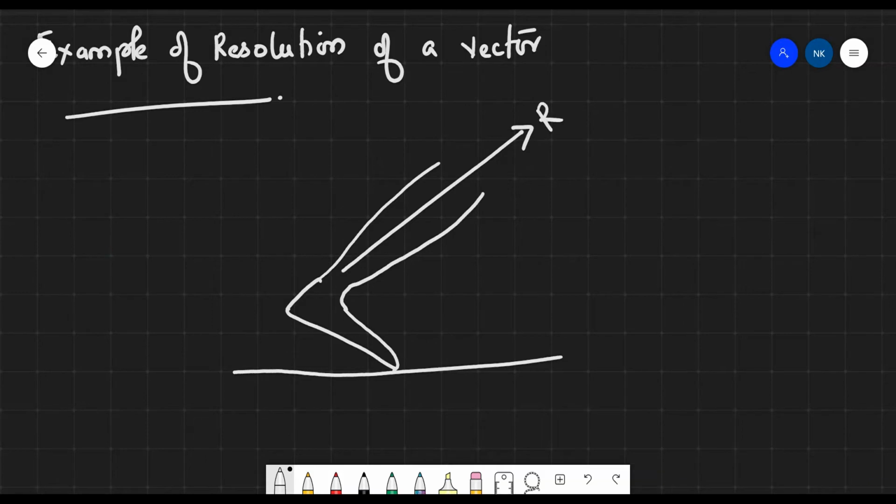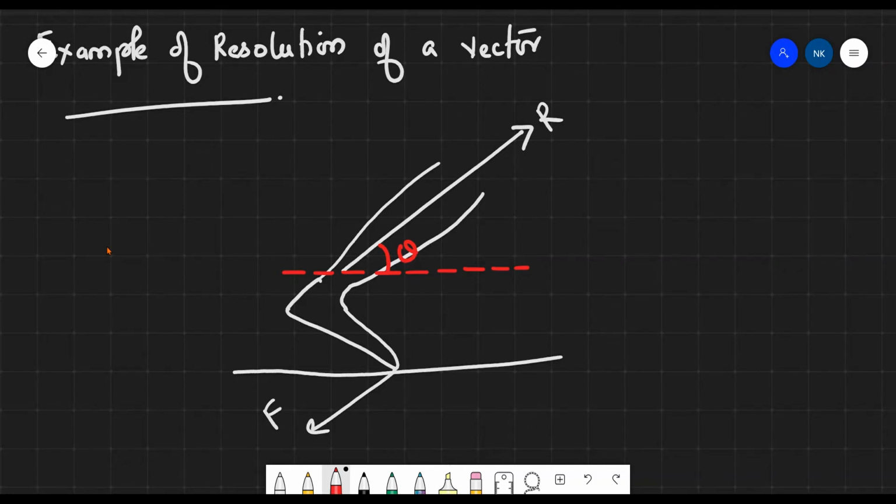Okay, so आपको पता है, he will be applying some force F in the downward direction towards the earth. So earth will be offering an equal and opposite force in the upward direction, action reaction. All right, now let this angle be theta. So this is the line parallel to the horizontal surface. So this reaction force offered by the earth is making an angle theta with respect to the horizontal.